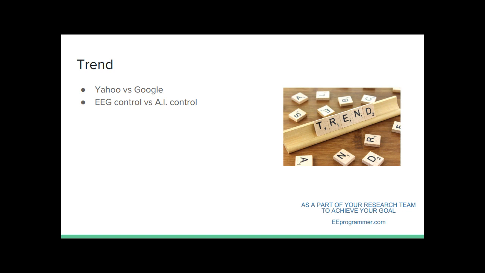Do you think 2 years from now, when you finish your research and publish a paper, the AI control paper will get more feedback, or the EEG control paper? So trend is also an important factor.